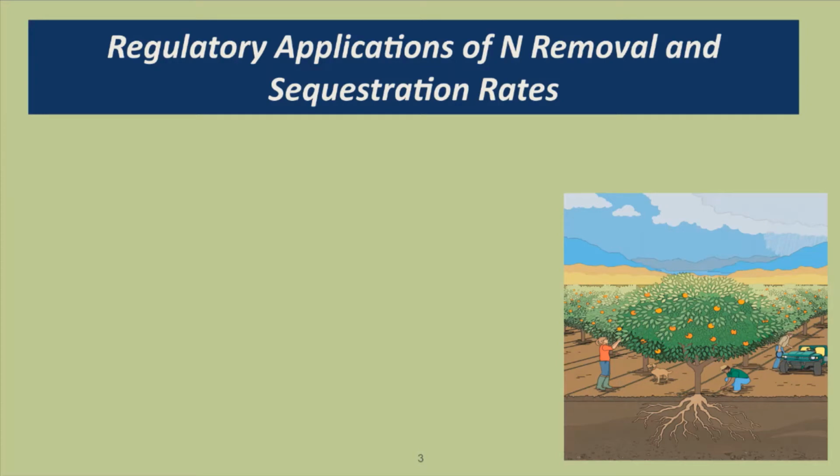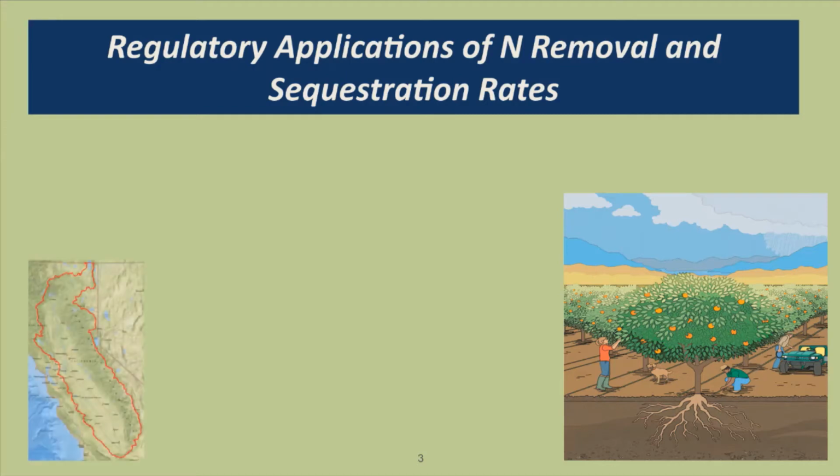So first we'll cover the regulatory applications of these N removal and sequestration rates. And this pertains mostly to the Central Valley region of Regional Board domain, which is really the Central Valley watershed, where the irrigated lands regulatory program makes particular use of these N removal rates as part of a metrics to track the success or progress of the program.